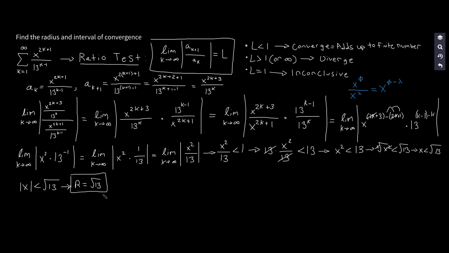Whereas the interval of convergence is the interval of numbers where the series does not blow up. So it's the zone of numbers for which it is true that the series converges. So now we want to find the interval of convergence, and we're going to do this by looking at our inequality.